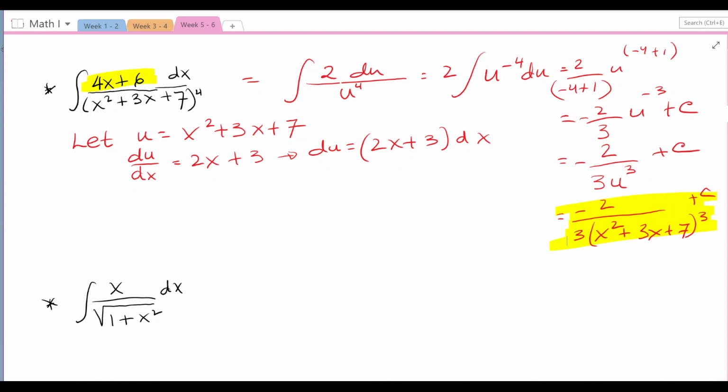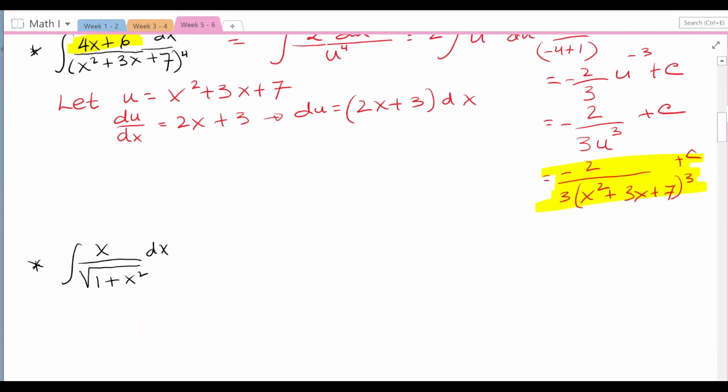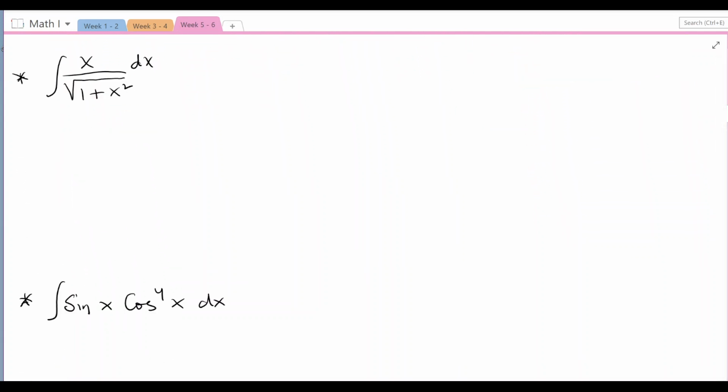So let's try another one. The integral of x over the square root of 1 + x², with respect to x. Again, we just have to decide which one best represents our u.